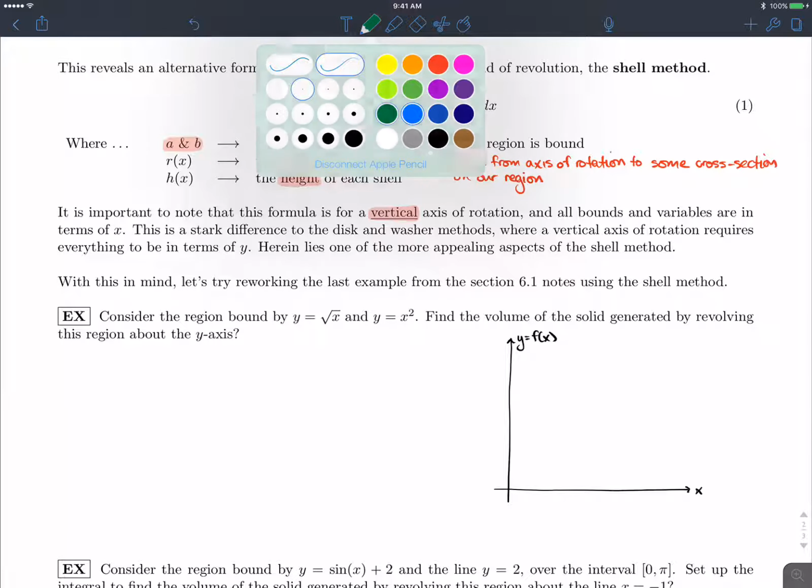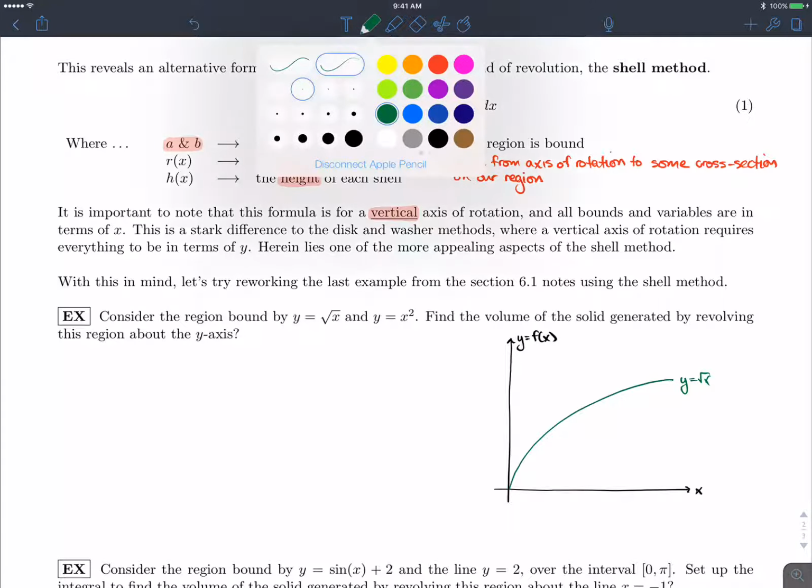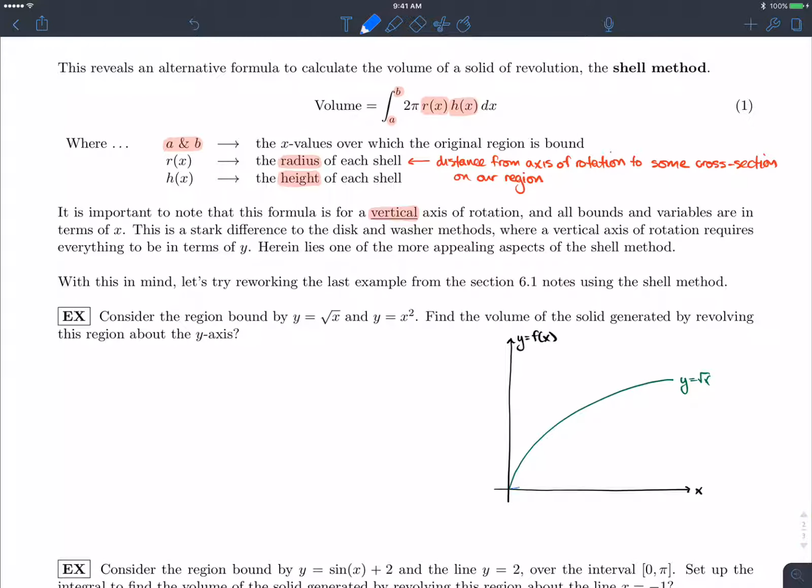We've got the curve y equals the square root of x, which looks something like this. And then we've got y equals x squared right there. And this was our region.